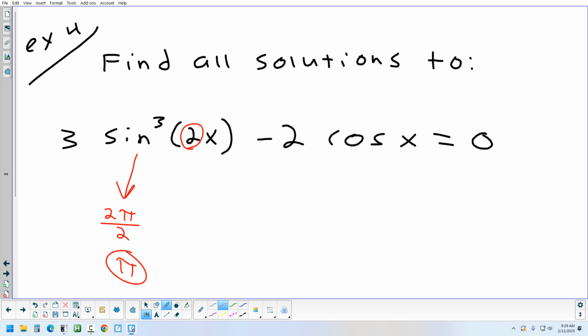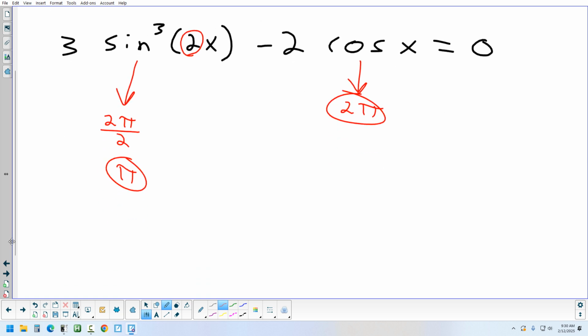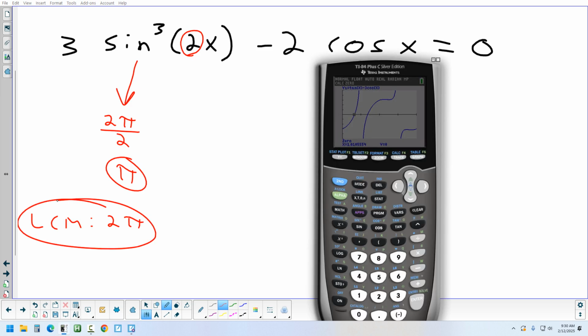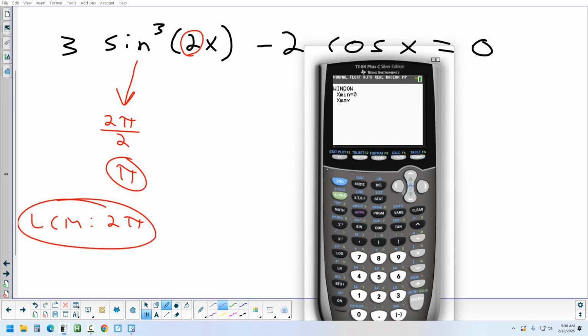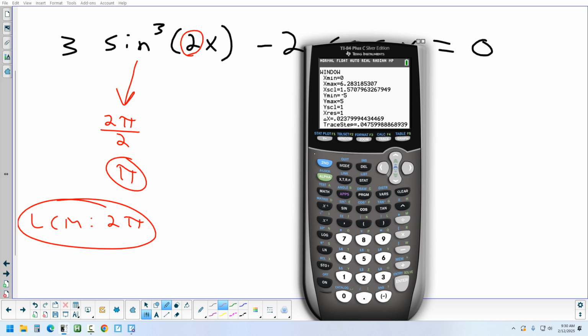So period is pi. What's the period of regular cosine? Pi. Or sorry, 2 pi. What's the least common multiple, again, of pi and 2 pi? 2 pi. Okay, so that tells me what to set my window to. We're going to go 0 to 2 pi, and we're already set for that.